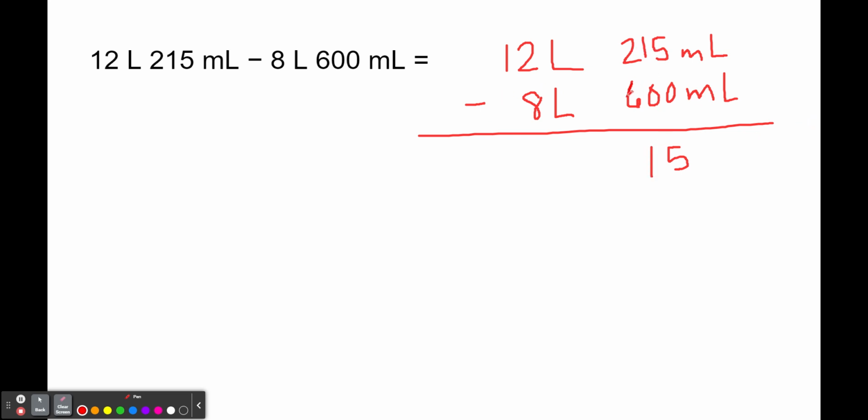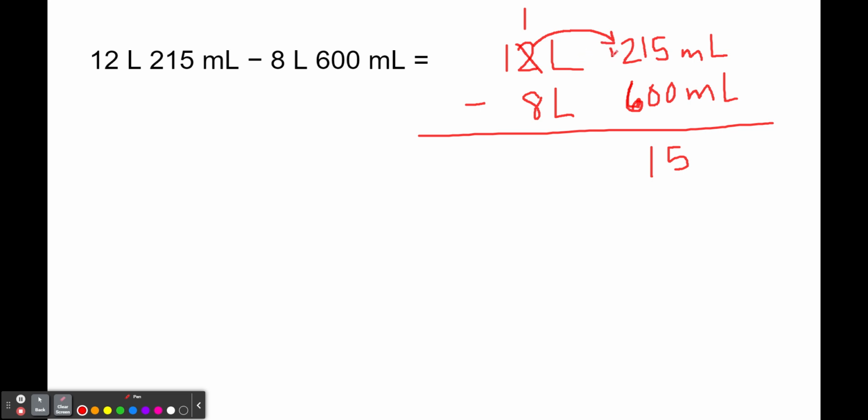I cannot take 600 milliliters from 200 milliliters, but what I can do is I can go over to my liters, right? I have 2 liters. I know that I can take one of those liters, so leave with 1 liter, and I can change that 1 liter into 1,000 milliliters.